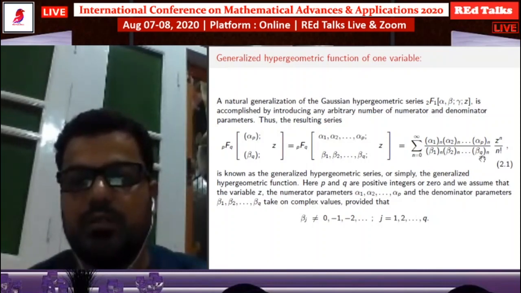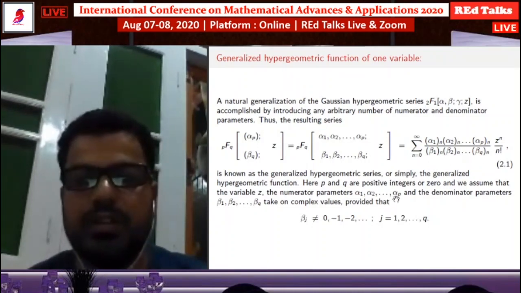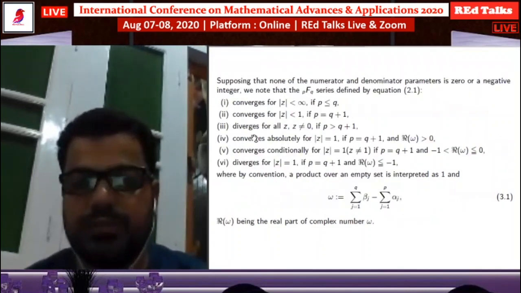These are numerator parameters, beta 1, beta 2, these are denominator parameters. And in this case, denominator parameters should not be 0 or negative integers.